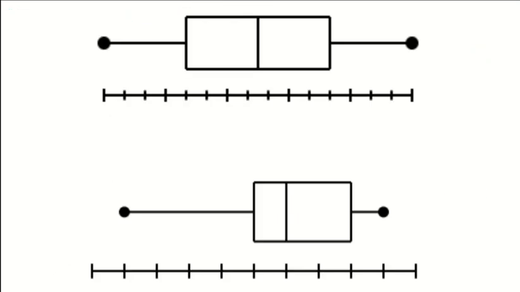All right, so again, you can see these two box plots look different, right? This one looks nice and balanced, the one on the top. This one on the bottom doesn't look quite as balanced. For this one on the top, each one of these sections is 25% of the data.